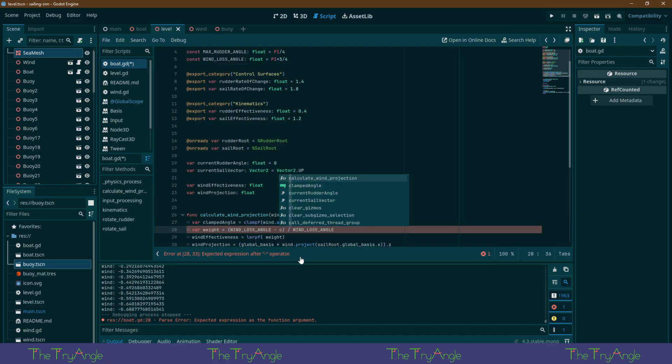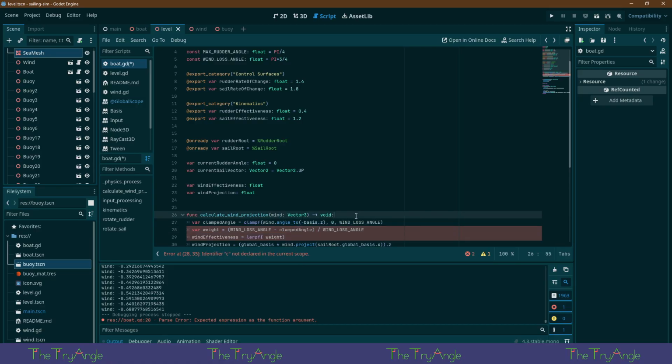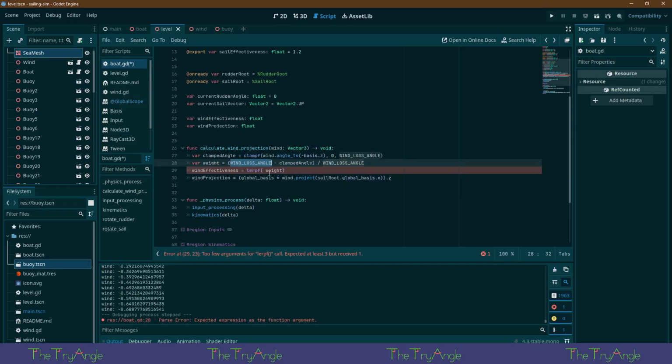Okay, so why this? We do it this way because we want to make sure that when this angle is 0, that's when the effectiveness should be at its max, yeah? And so this minus 0 over this is 1.